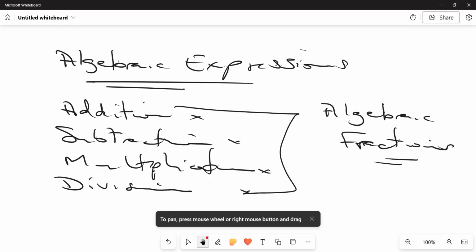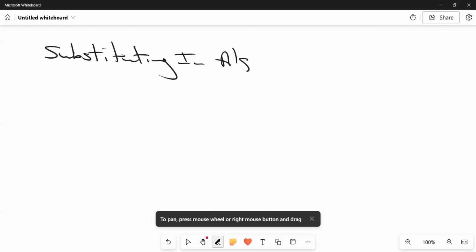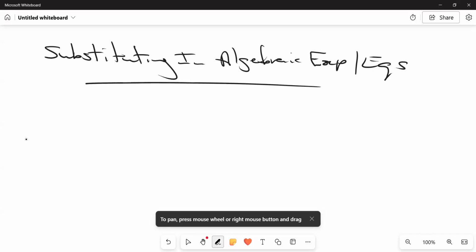And we're going to start with what our course outline says: substituting in algebraic expressions or equations, right? Whichever of the two. So how do we do this? We'll start with a very simple one, right?